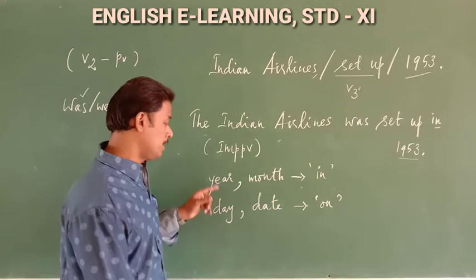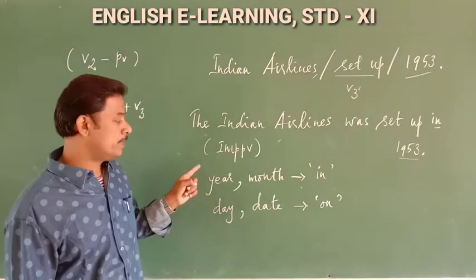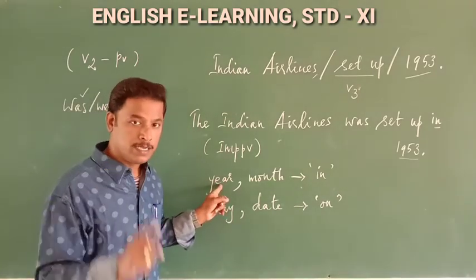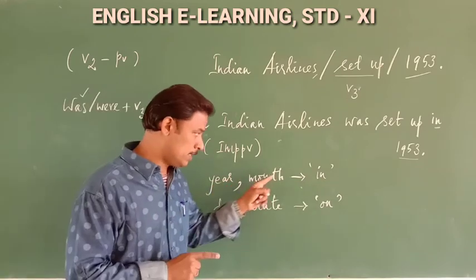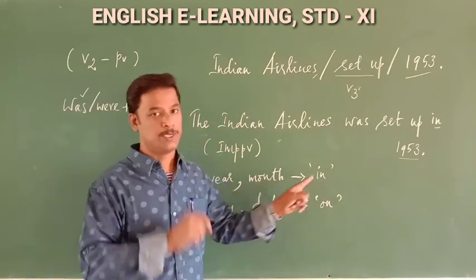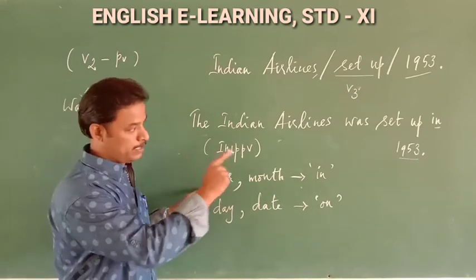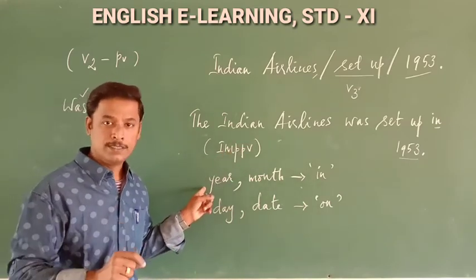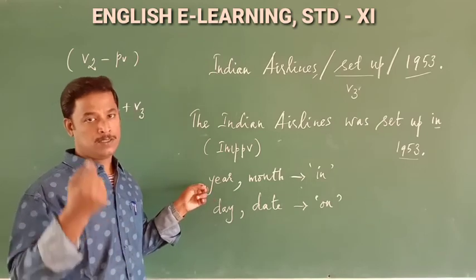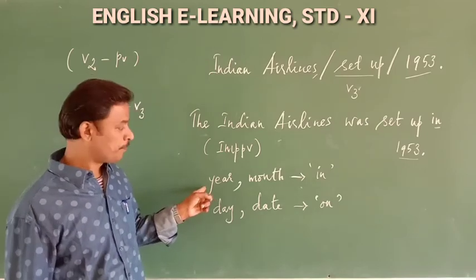Okay, right. Whereas, if you want to mention only the year or only the month, the preposition in must be used. In 1853 or in 1953 or in 2000 or in 2013. Okay.